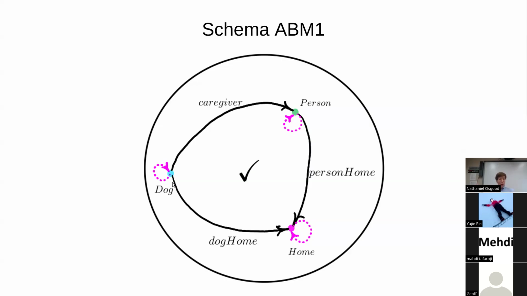So for example, what is the fact that this is a commuting triangle saying? It's saying something actually very sensible. Dog has a home, dog has a caregiver, and the caregiver's home is the same as the dog's home. So if a dog has a caregiver, somebody that takes care of it, they live at the same home.